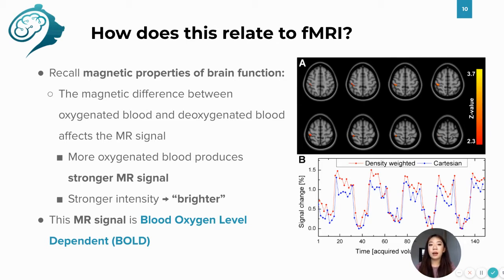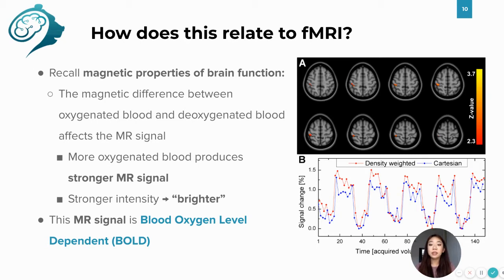Remember that the magnetic difference between oxygenated hemoglobin and deoxygenated hemoglobin affects the MR signal. So oxygenated blood produces a stronger MR signal, and we can interpret that stronger intensity as a brighter image, thus changing the color scale on the fMRI image.